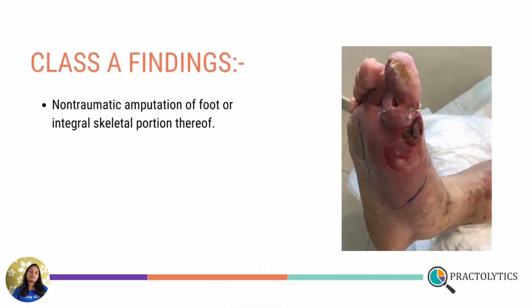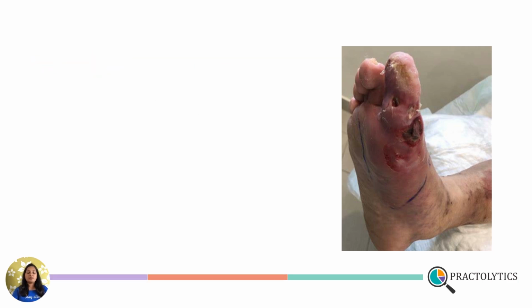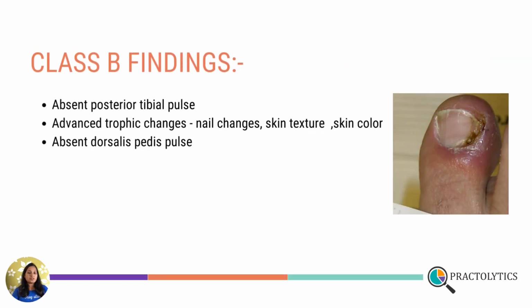Now, let's see what a class A finding is and what conditions fall under this category. If the patient has non-traumatic amputation of the foot or integral skeleton portion thereof, it has to be categorized as a class A finding. Similarly, absent posterior tibial pulse, advanced trophic changes such as hair growth decrease or absence, or any nail changes.